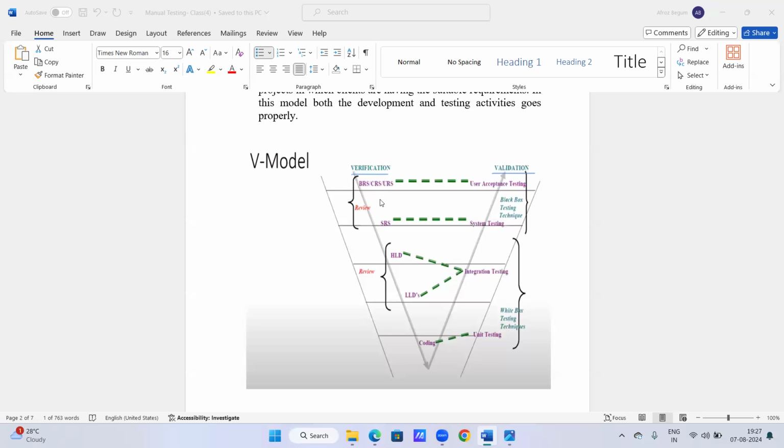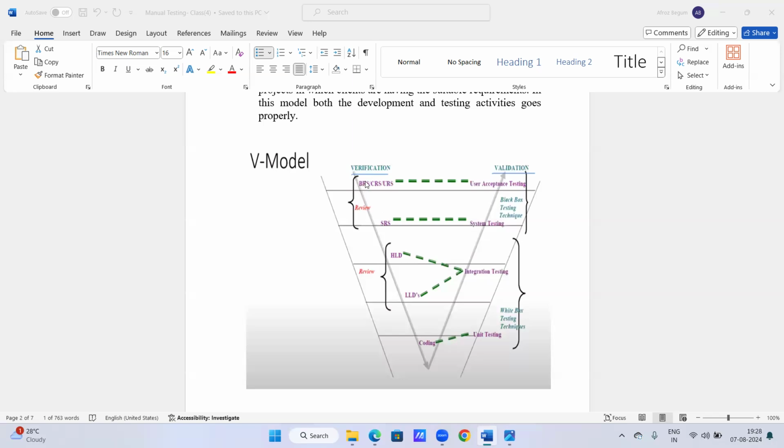We are not exactly testing the software. We are testing the documents, because if the document is correct, the next phase will be easy. We will not get any bugs in the next phases. If the document is not correct, then the next phase will be difficult. We will face some difficulties, and there are more chances of finding bugs in the next phases. So that's the reason we conduct the testing on this document in the form of review.